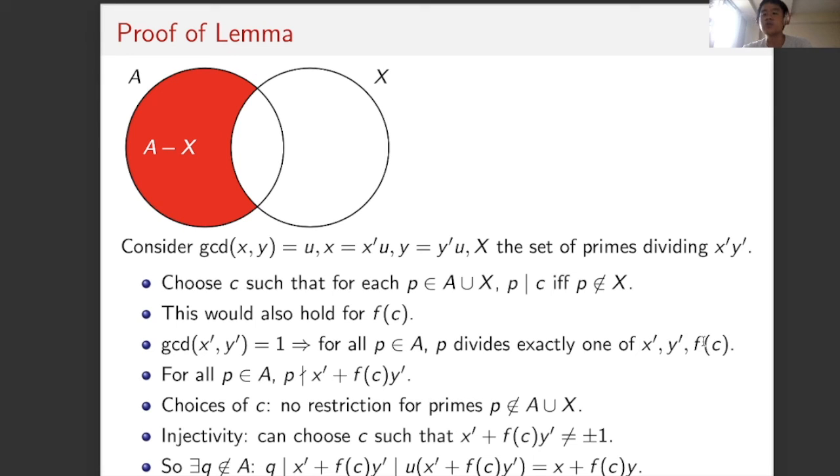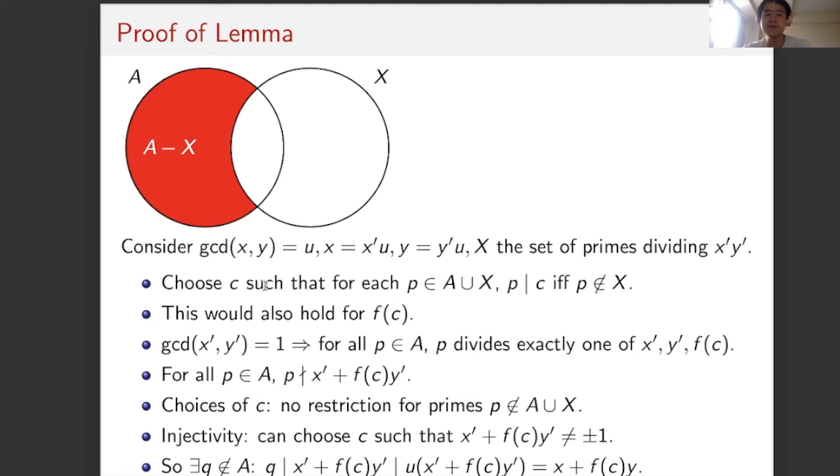So in particular, this would also mean that p would divide exactly one of these two numbers, either x prime or f(C) times y prime, but not both. This would force the fact that p cannot divide x prime plus f(C) times y prime for each prime in A.